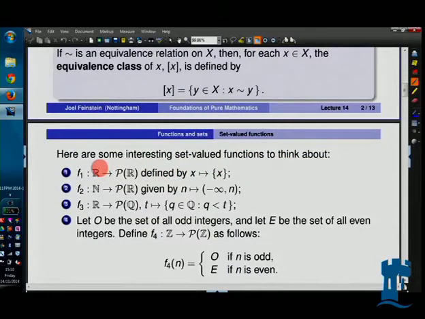This one's a bit odd, the first one. This takes real numbers, and for each real number you get a subset of the real numbers. However, it's a rather boring subset of the real numbers. For each x, I take it to a single-point subset of R.